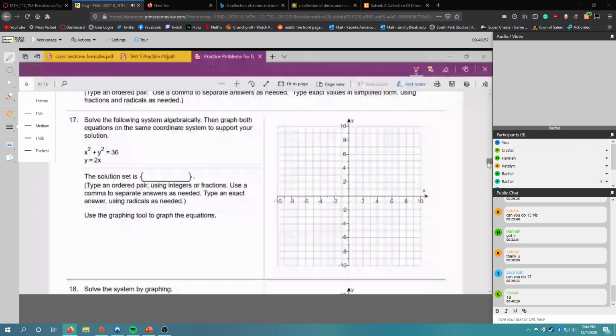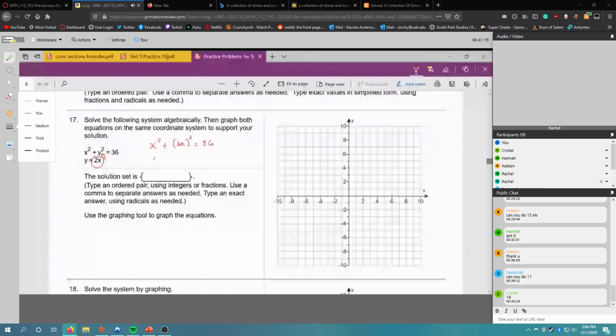Okay, so if I wanted to solve this algebraically, I would just take the 2x and substitute it into the y. So that would give me x squared plus 2x in place of y squared equals 36.